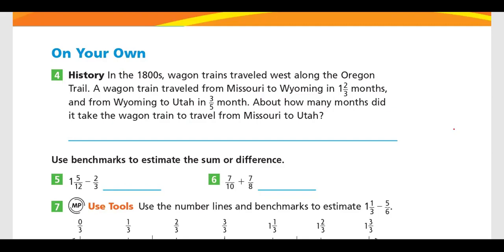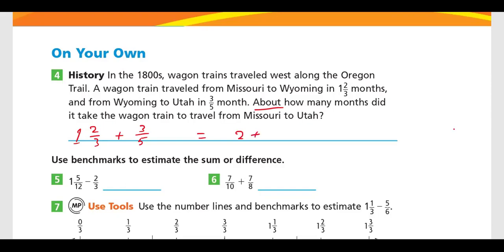So it will be 1 and 2 over 3 plus 3 over 5. About also means estimate. The first number, 1 and 2 over 3, if we estimate it, is close to 2.